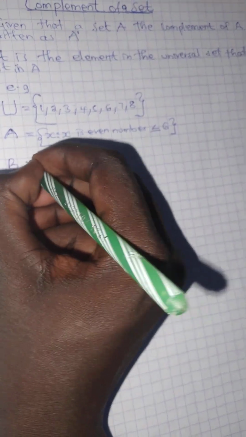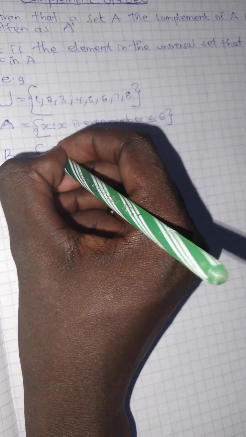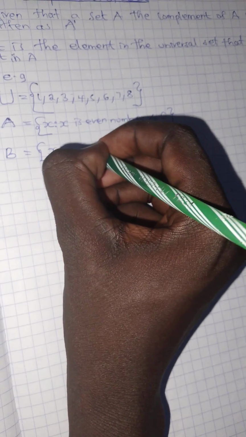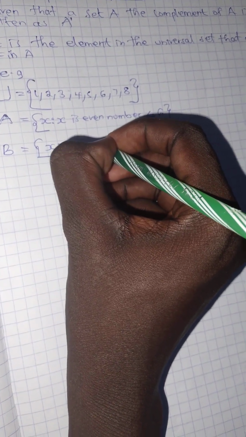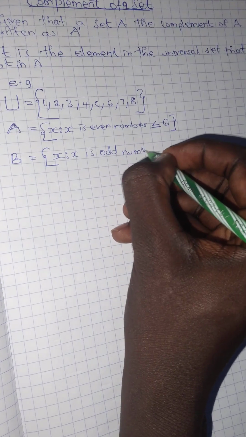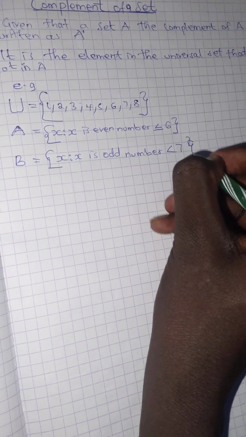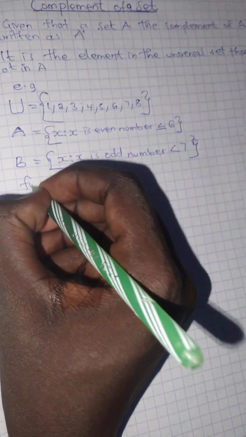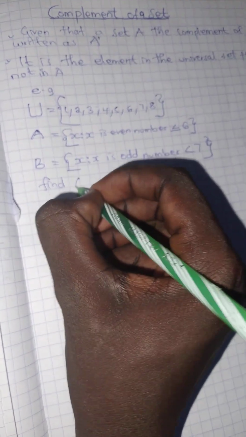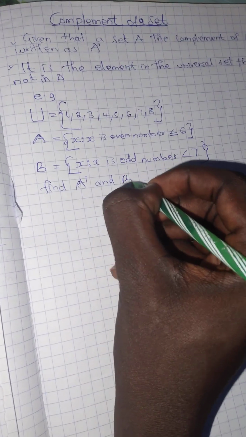Set B is such that X is an odd number less than 7. Find A prime and B prime.